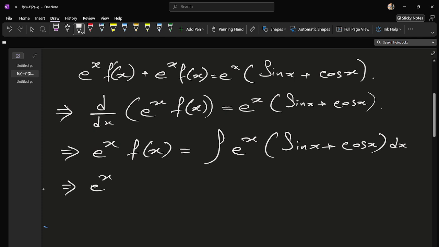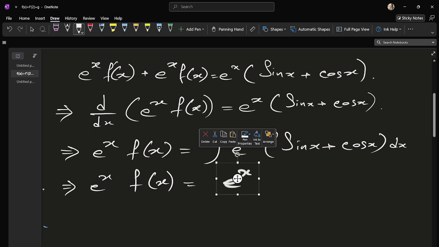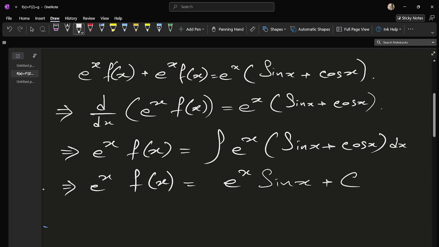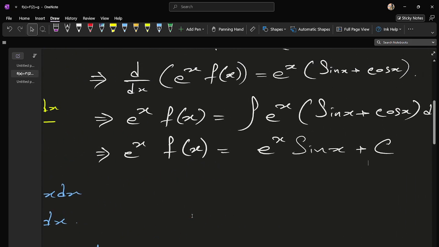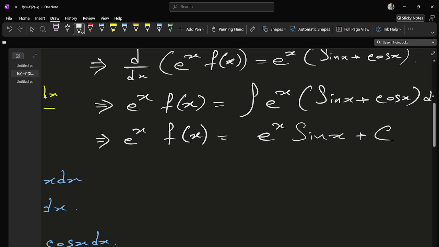So we got e to the power x f(x) equals e to the power x sin x plus c, because we got k plus j equal to e to the power x sin x. So we can write f(x) equals (sin x plus c) times e to the power minus x.